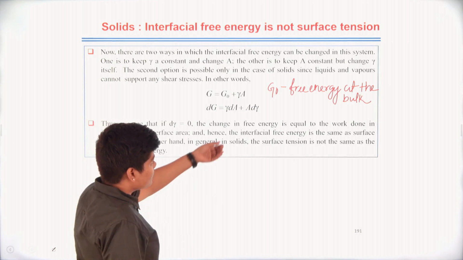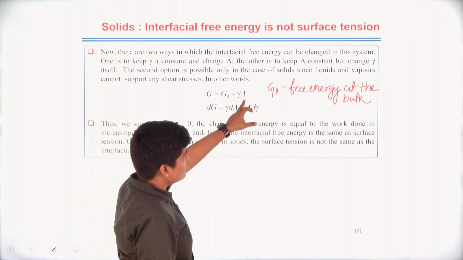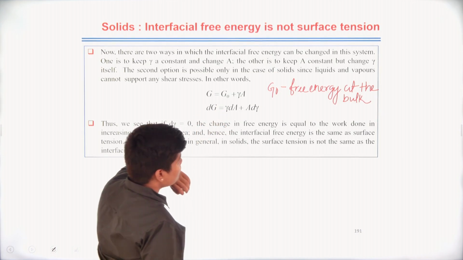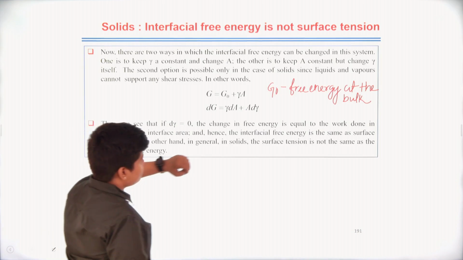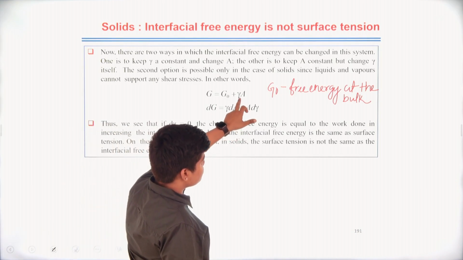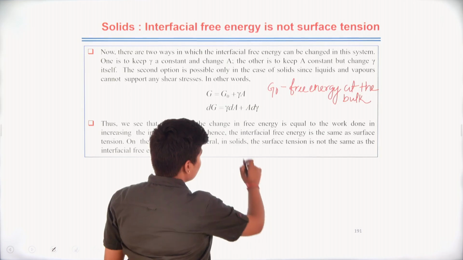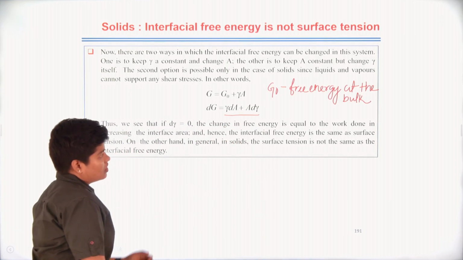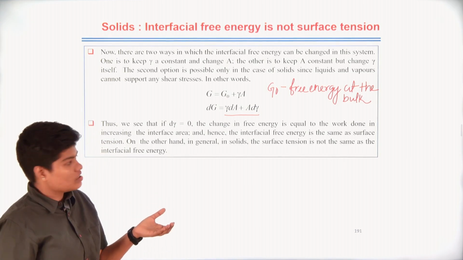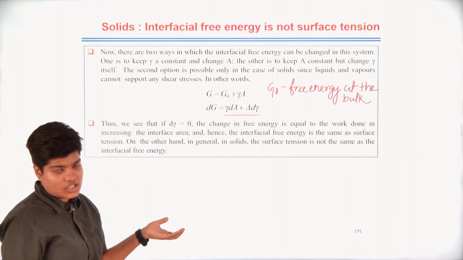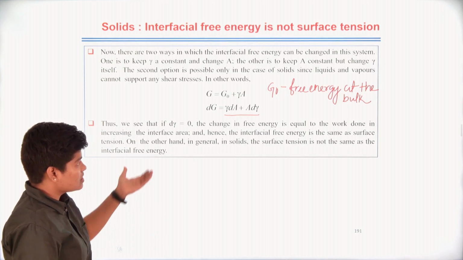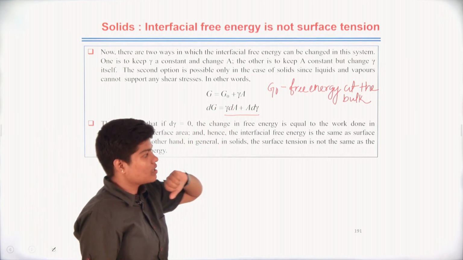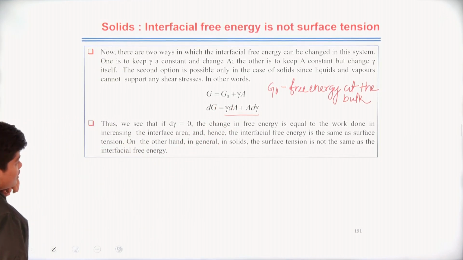If we keep gamma constant and keep changing A, there will be a change in Gibbs free energy. Also, if we keep A constant and change gamma, the Gibbs free energy changes. So two cases can happen: changing the surface area A while keeping gamma constant, or changing gamma, the surface energy, while keeping A constant.